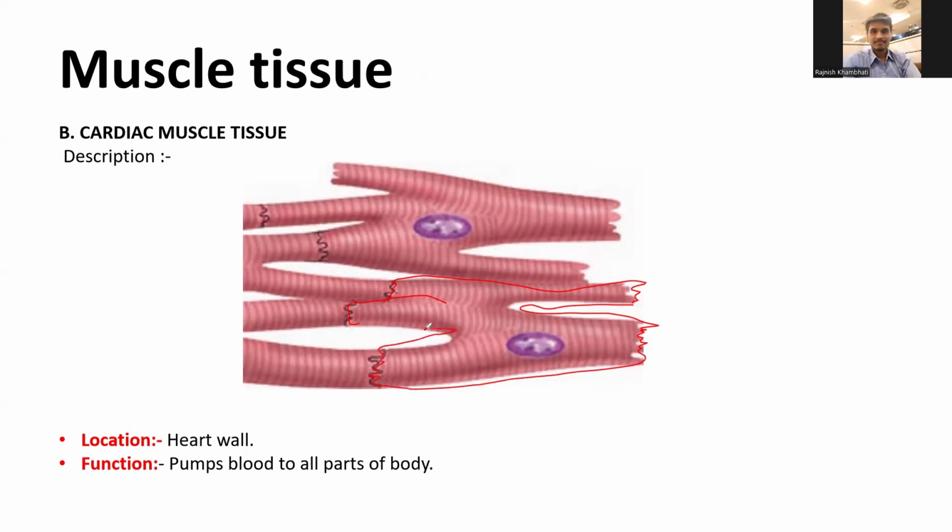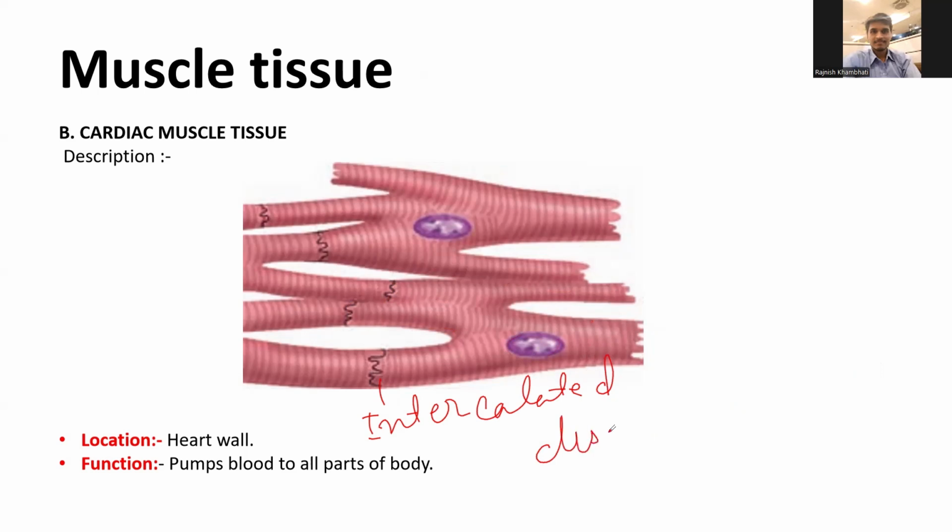Somewhat looking like an H shape, this is one muscle cell, which has one nucleus. Inside, you can see dark and light bands are present, and this portion is the intercalated disc. So that's it.